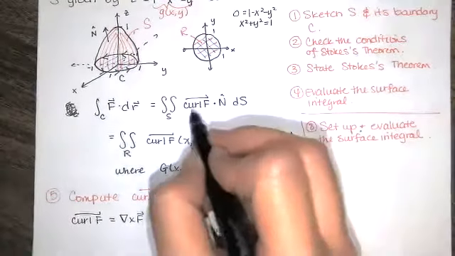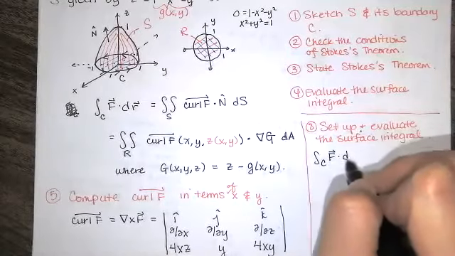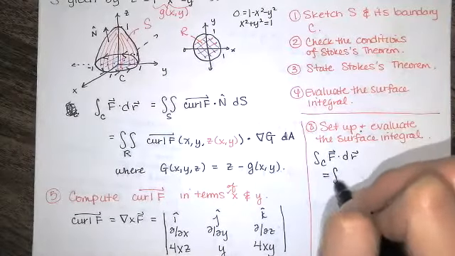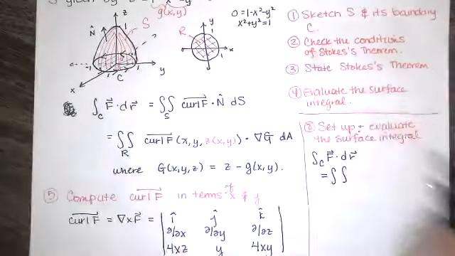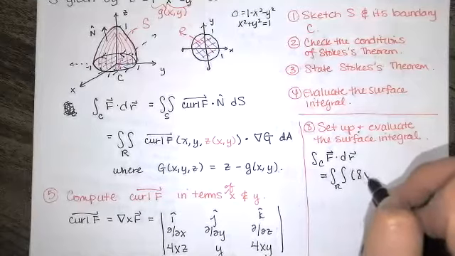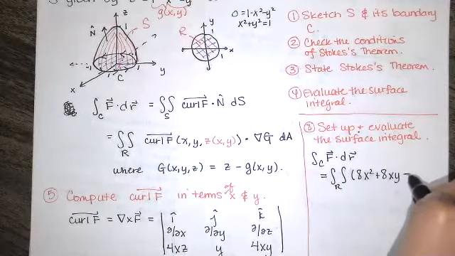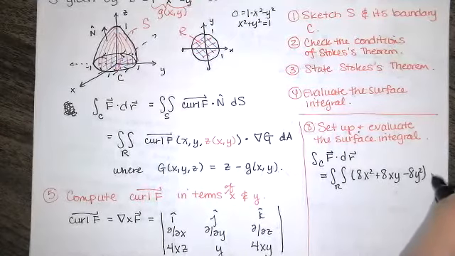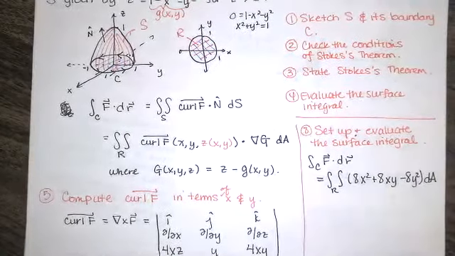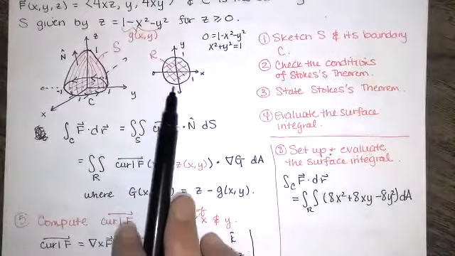Okay, so we've got this line integral equals the double integral over R of our integrand, which we just found to be 8x squared plus 8xy minus 8y squared dA. And our region R is a circle.